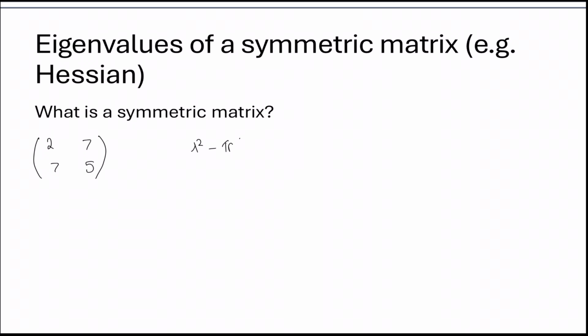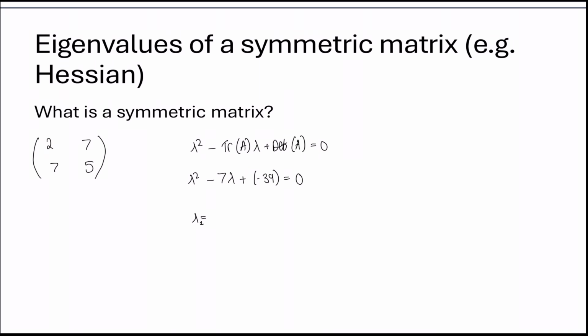So if we use this matrix 2, 7, 7, 5, and if we use our rule of lambda squared minus the trace of the matrix A, lambda plus the determinant of that matrix, we get lambda squared minus 7 lambda minus 39, and we get two eigenvalues, which are 10.65 and minus 3.658, which are both real.